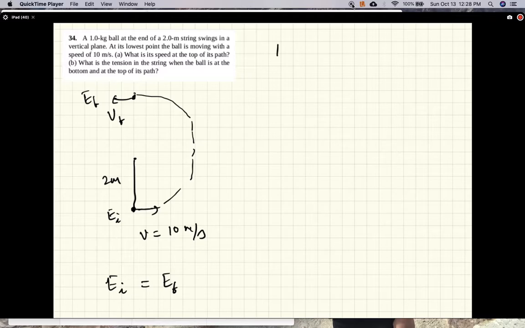So kinetic energy at the initial point plus gravitational potential energy at the initial point is equal to kinetic energy at the final point plus gravitational potential energy at the final point.